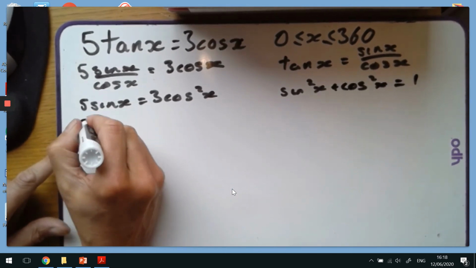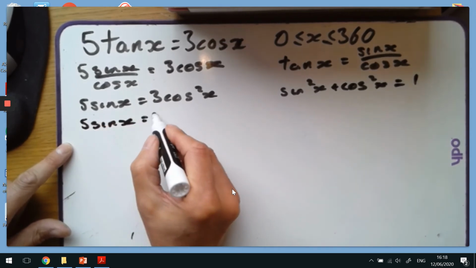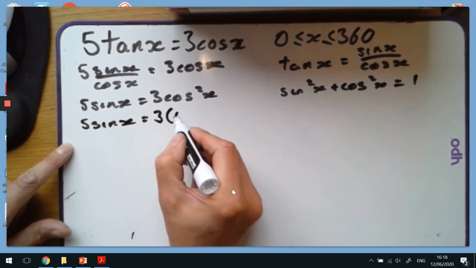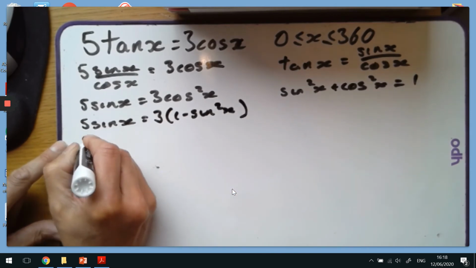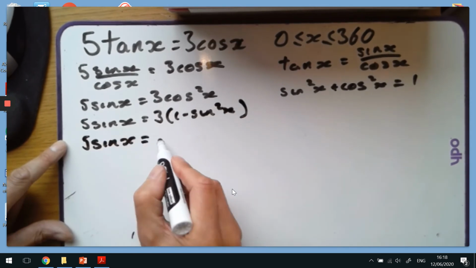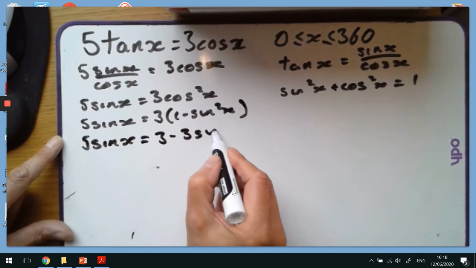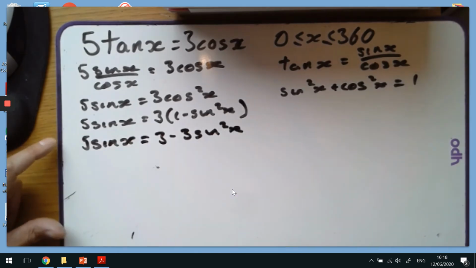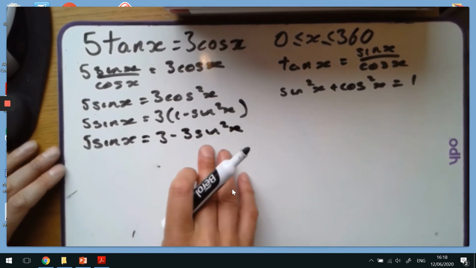So I've got 5 sine of x equals 3 times 1 minus sine squared of x. I'm going to multiply out the brackets. I'm going to collect them all to one side with the coefficient of sine squared of x positive.